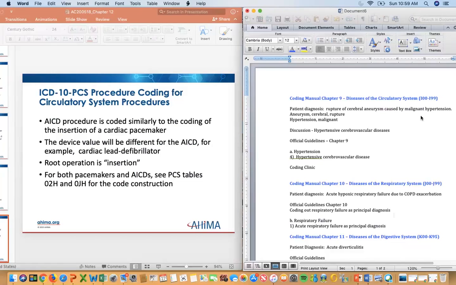Take your coding manual, open it up, go to your index, and find the term aneurysm. Once you find aneurysm, you'll notice that there are some non-essential modifiers, anastomotic, artery, diffuse, faults, multiple, etc., and the code is 172.9.